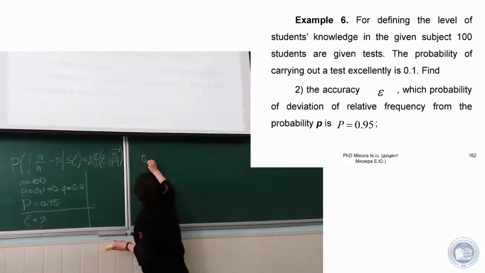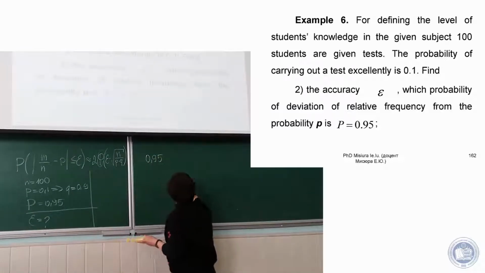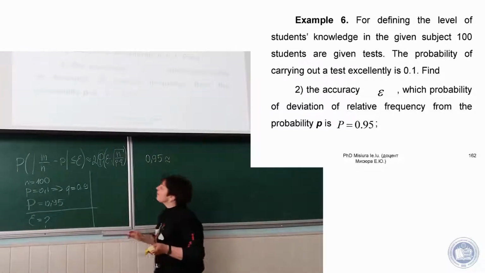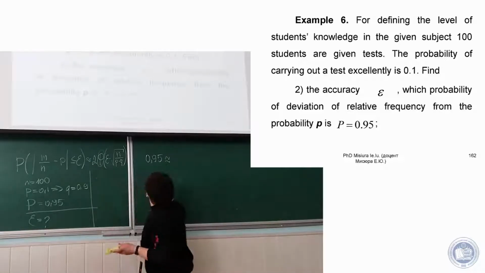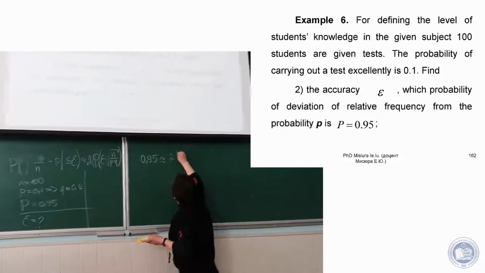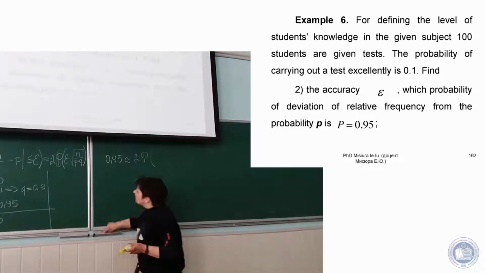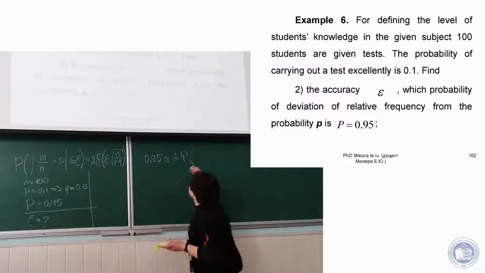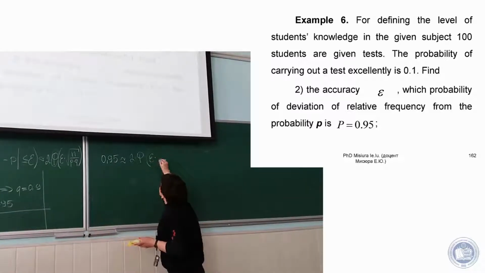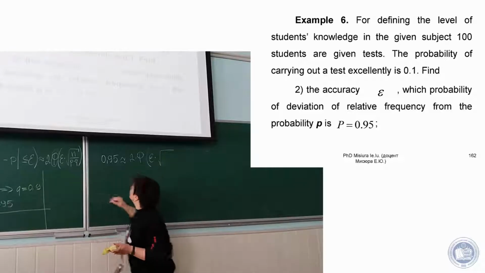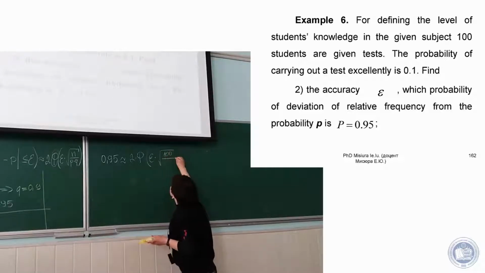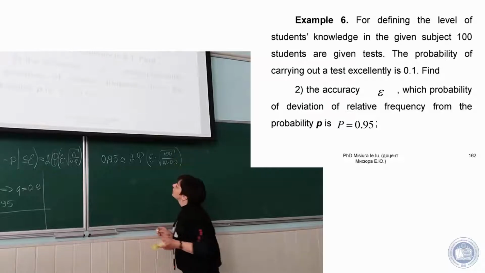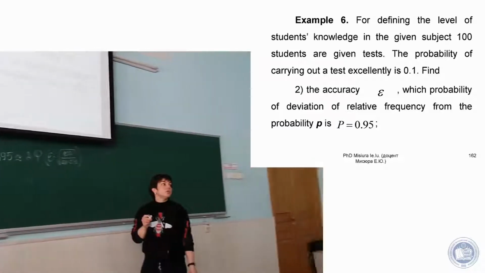Capital P equals 0.95. 0.95 approximately equals 2 times phi of epsilon, unknown, times the root of npq, 100 divided by 0.9 and 0.1. You need to solve this equation.